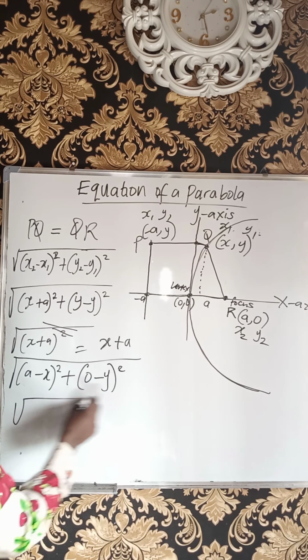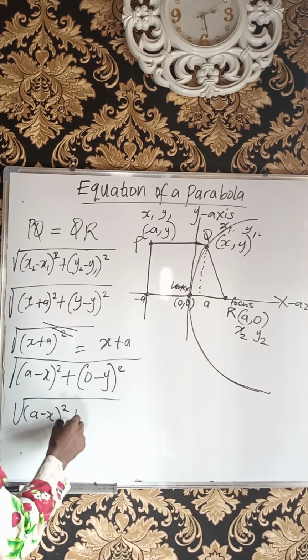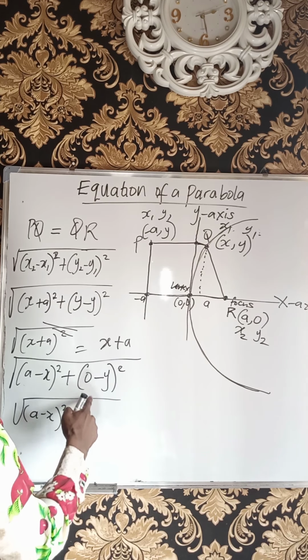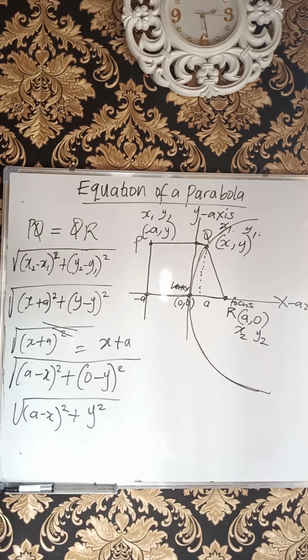So this will give me square root of a minus x all squared plus y squared, because 0 minus y is just y, then when I square it I will get y squared.